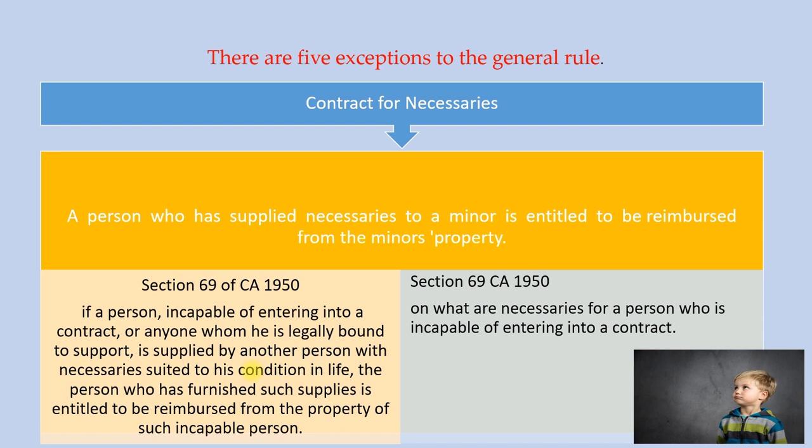In summary, since the contract entered into by minors is void, the person who supplied the necessaries can get back or be reimbursed from the property of the minors, meaning the property or things that they have supplied to the minors.